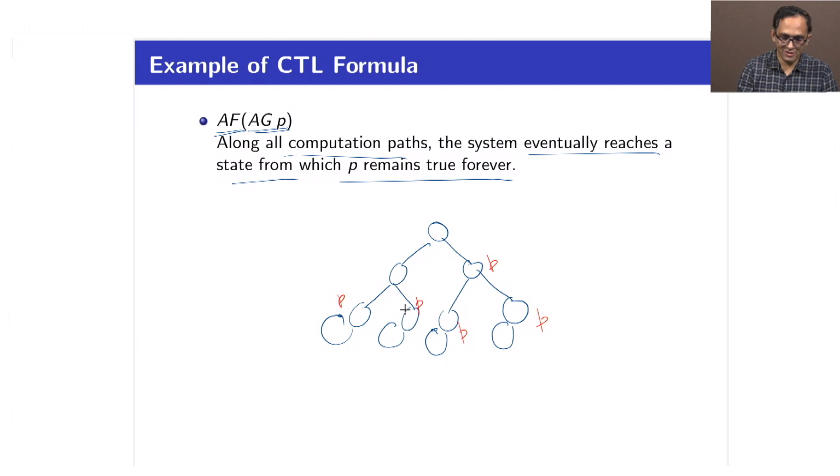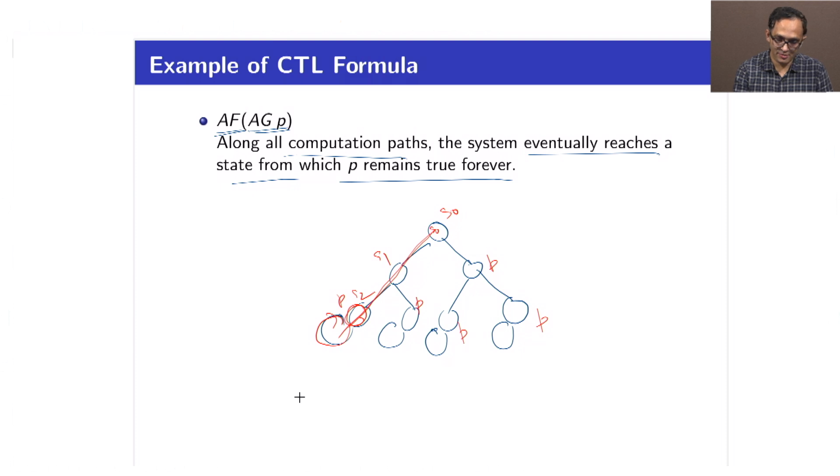Now, in this case this is my S0, and in all paths in future AG P should hold. Now, you think about from this path I reach a state like this. So, this is S0, this is S1, this is S2. So, I reach a state in future, S2, from there always P holds, because S2, S2, S2, S2.